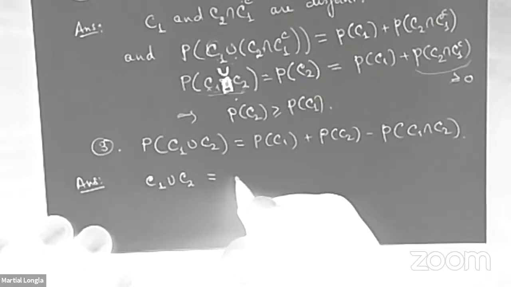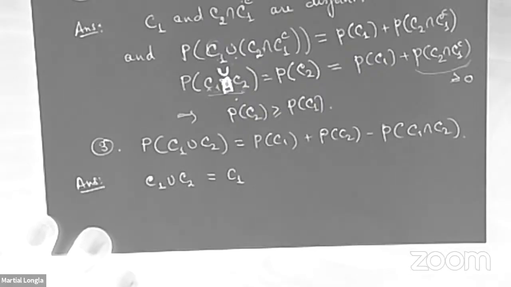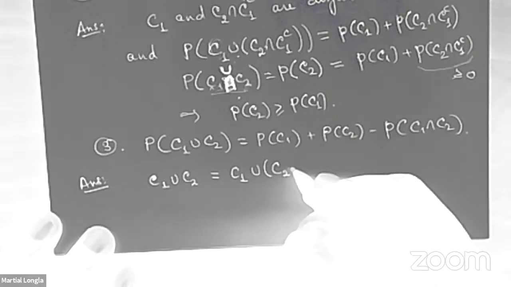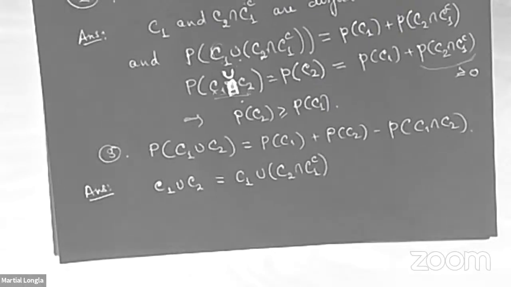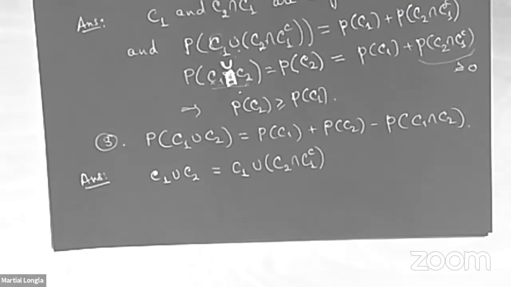Those are elements that are in C1 and the elements that are in C2 and not in C1. Is that correct? Do we agree? That's the formula we use. We just use on top there. Do we agree with this?